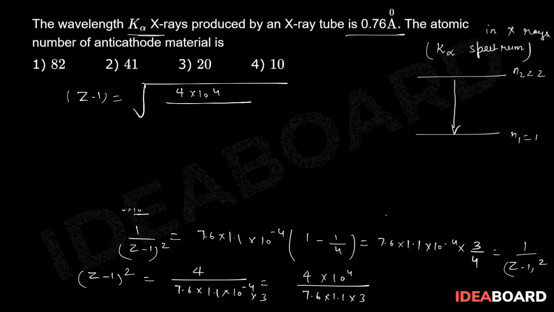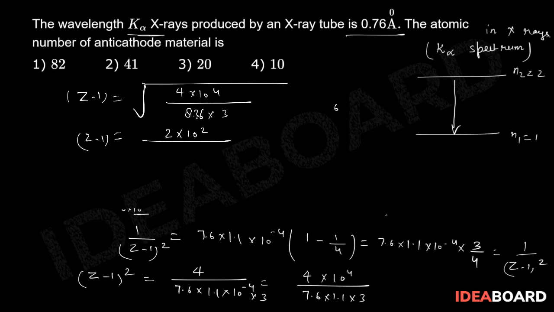So 1.1 into 7.6: 11 into 6, 6; then 11 into 7, 77; 77 plus 6, 83. So 8.36 into 3. Now we can take a square root. So Z minus 1 is equal to 2 into 10 to the power 2 divided by the square root of 8.36 into 3.